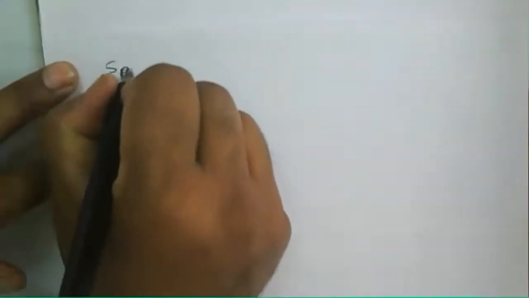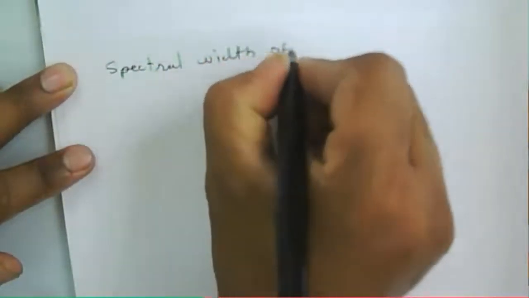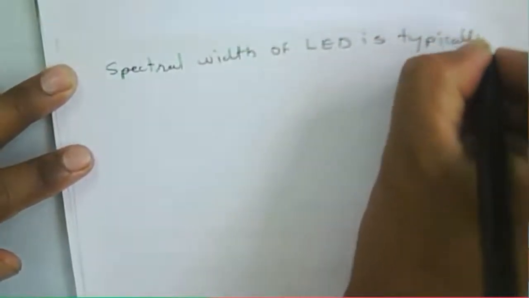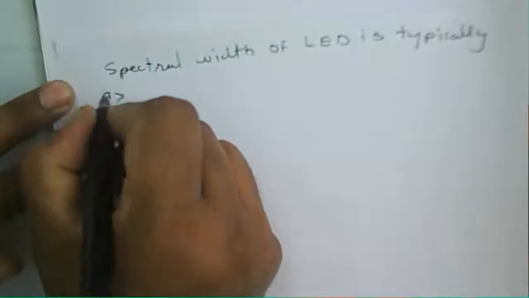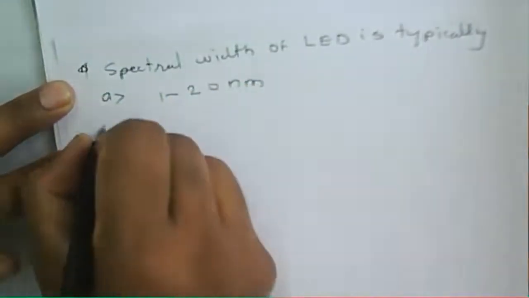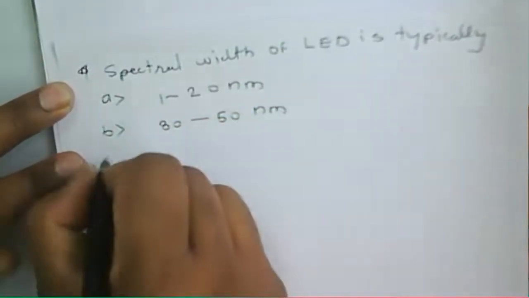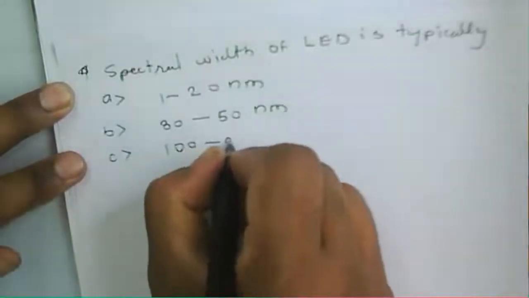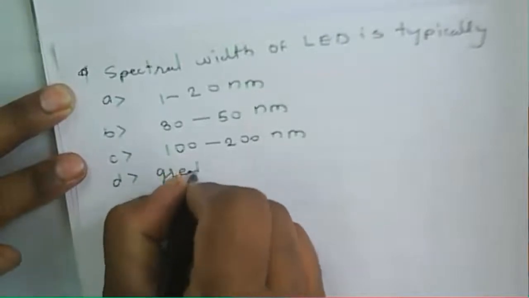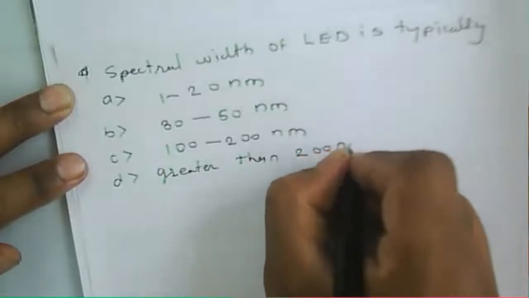Next, a spectral width of LED is typically: A, 1 to 20 nanometer; B, 30 to 50 nanometer; C, 100 to 200 nanometer; D, greater than 200 nanometer.